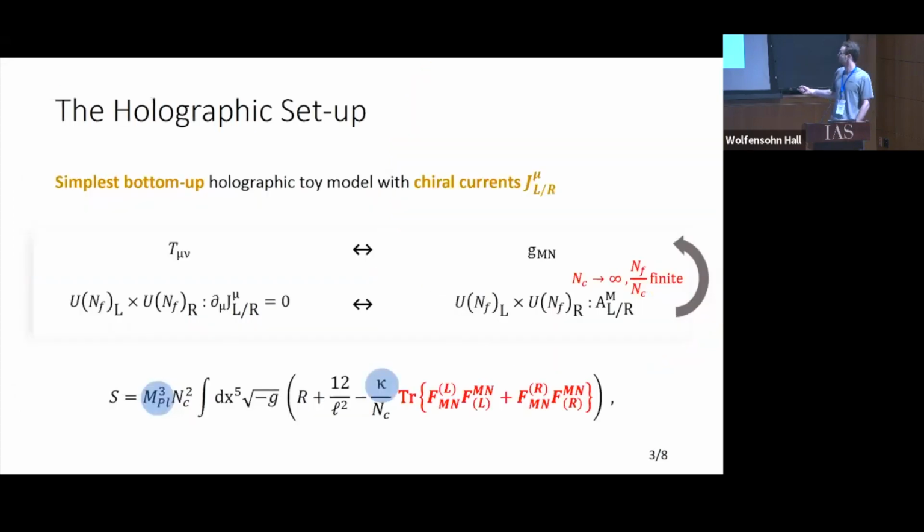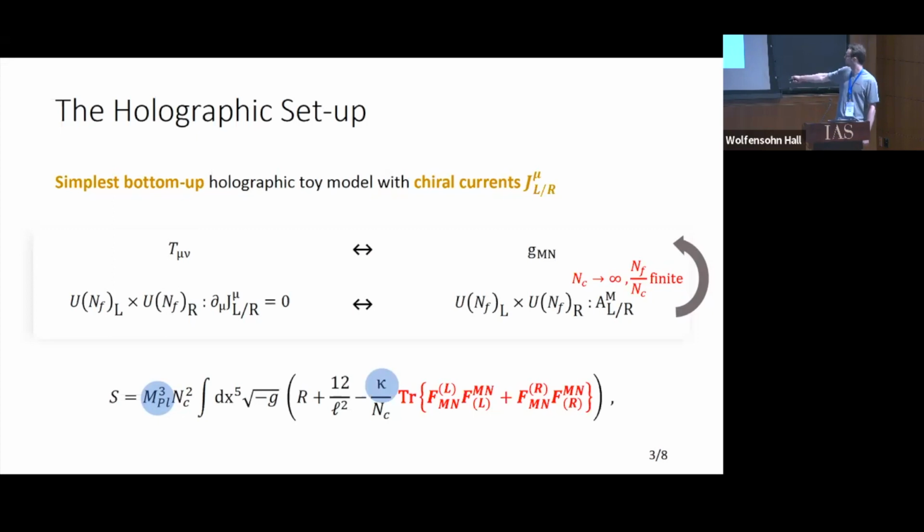And as a first step, we considered the simplest bottom-up toy model with chiral currents, where the bottom-up nature of the model means that we start from a 5-dimensional bulk theory and then use the holographic dictionary that tells us that the stress tensor and chiral current should be dual to the metric and a chiral gauge field.